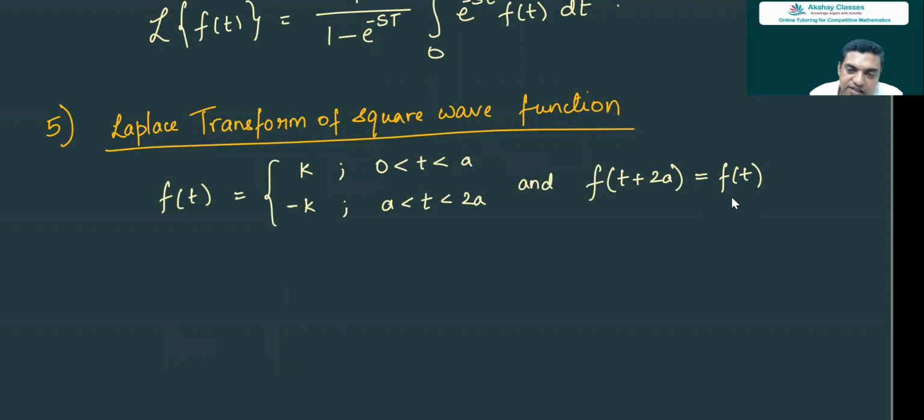So this is a square wave and it is periodic with period 2a.